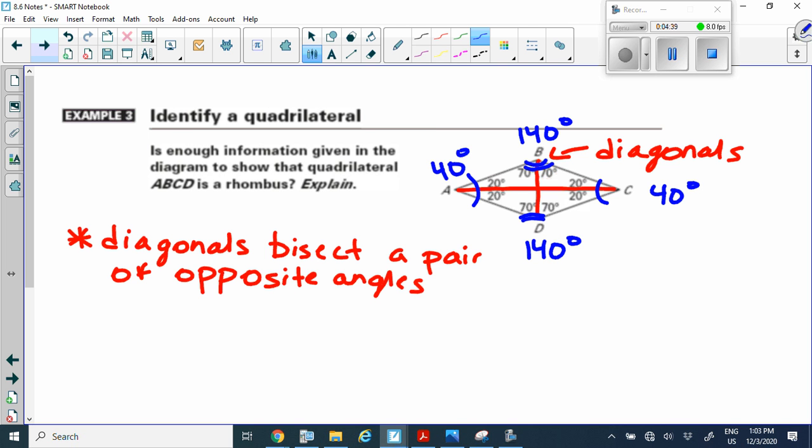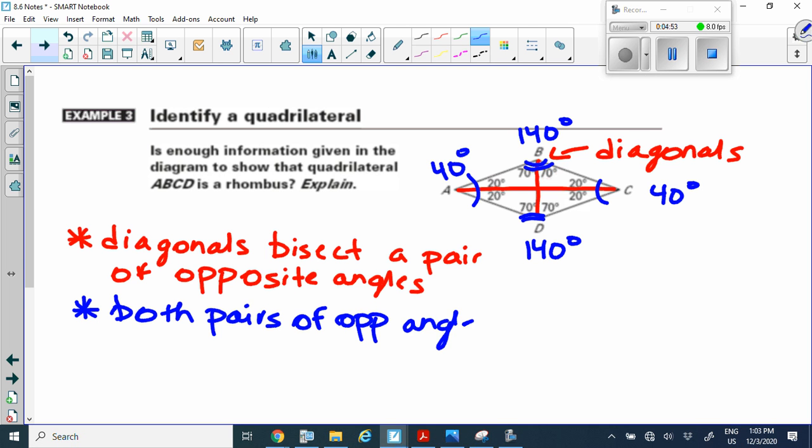So another indication of this being a rhombus is that both pairs of opposite angles are congruent. Okay? That is also a feature of a rhombus.